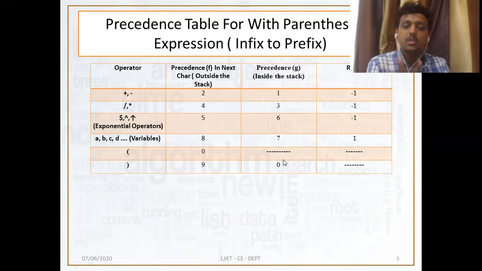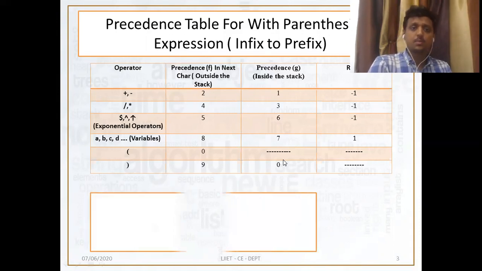So you just need to write the precedence table properly for infix to prefix. It is totally the reverse of infix to postfix expression, so please be careful when writing it. Rank is similar: for an operator it is -1 and for an operand it is +1. Let's begin with the example and the basic rules of infix to prefix.